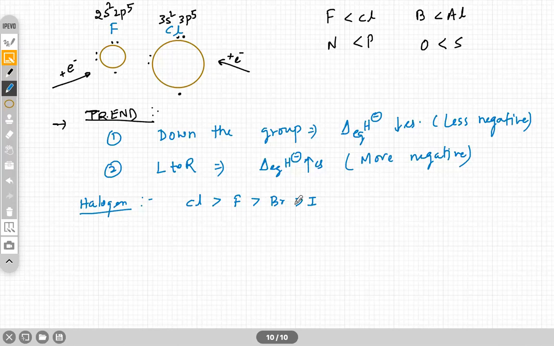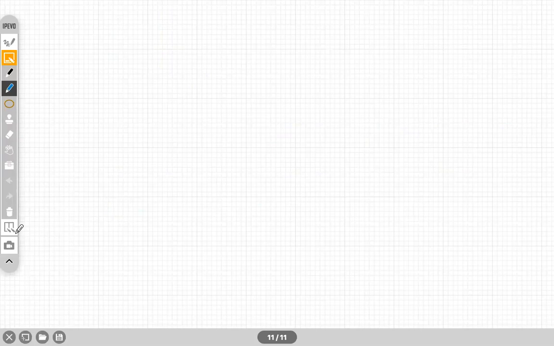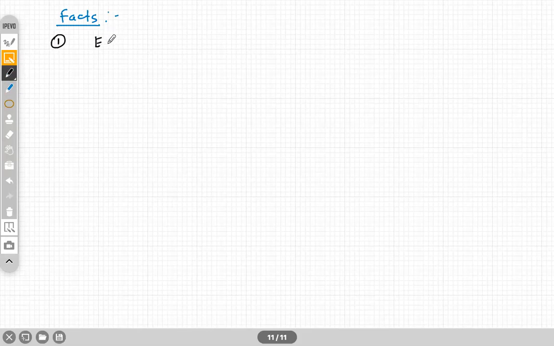Now, like I said, some facts and some concepts of this you must remember. The electron affinity order.